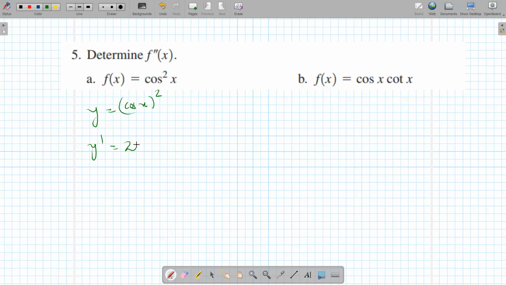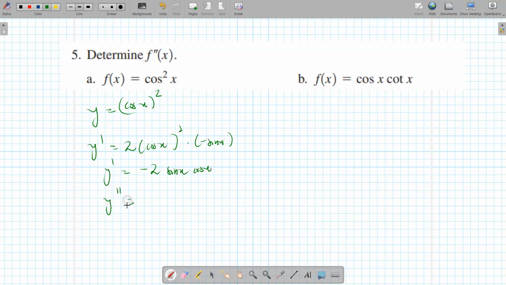Inside bit stays as it is, right? Power 1. What do you multiply this by? Negative sine x. So that's just the first derivative. Your first derivative, again, you can group them up. It's going to become negative 2 sine x cos x.